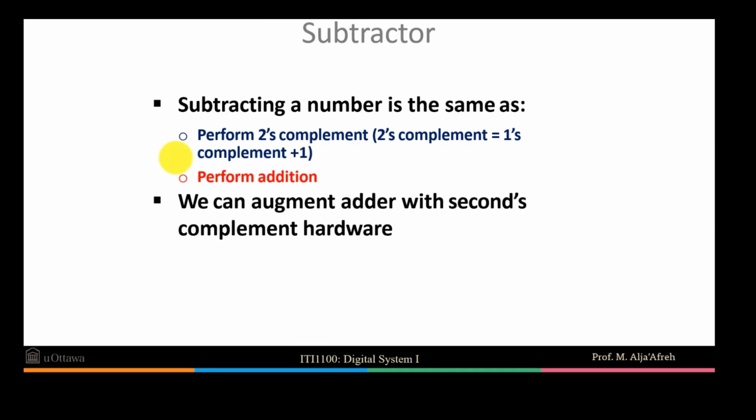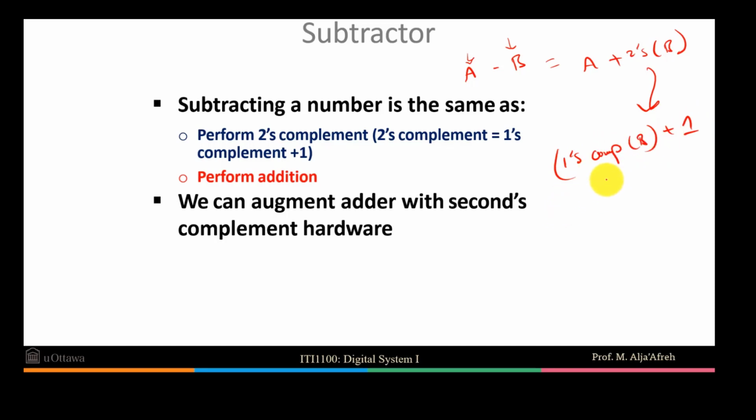Now, how can we perform binary subtraction knowing that we have already designed the parallel adder? If you remember, guys, in order to do A minus B, and we don't know how many bits are in A and B, we can rewrite this as A plus the 2's complement of B. The 2's complement of B is basically the 1's complement of B plus 1.